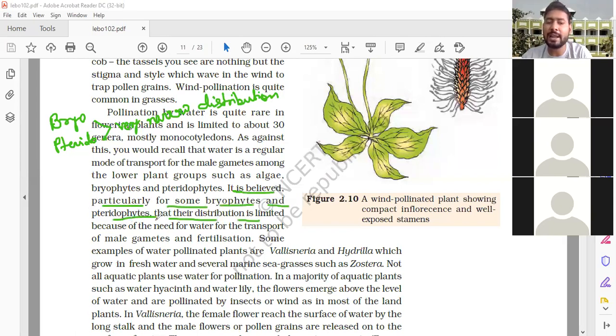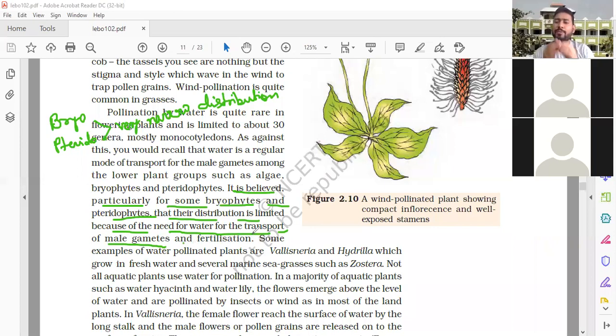I told you it is narrow because of the need for water for transport of male gametes and fertilization. For bryophytes, pteridophytes, and algae, there is a need of water for fertilization. If no water, their distribution is very limited, because water is the necessary component.